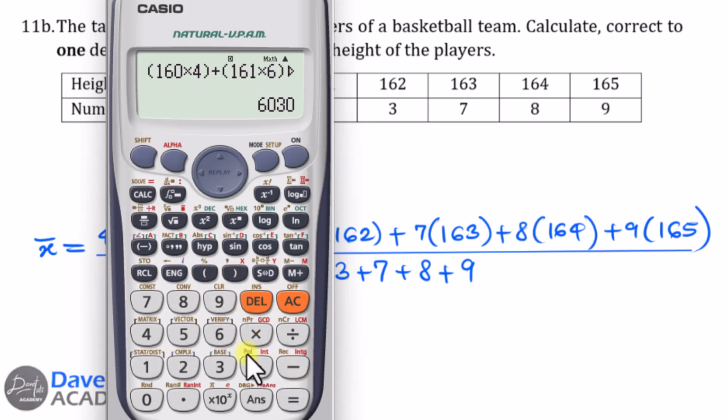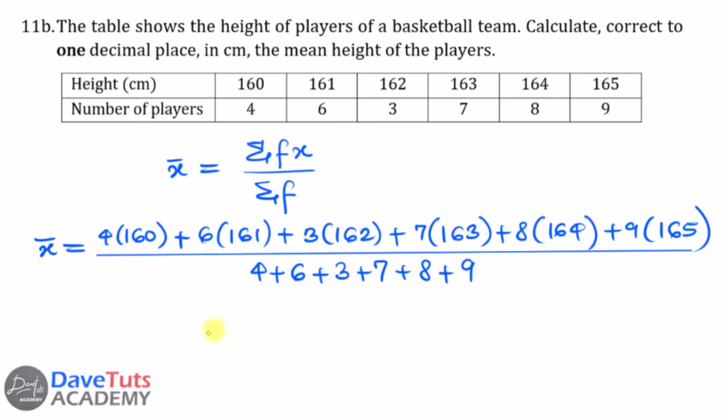Okay, so what's that going to give us? That's 6030.